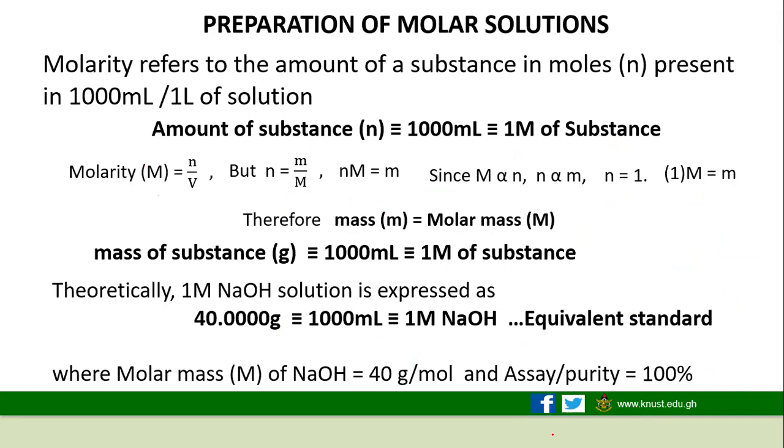Now, molarity has been explained again for us. Molarity refers to the amount of substance in moles present in 1 liter, or 1000 ml, or 1 dm cube of a solution. Generally, the amount of substance in 1000 mils will be 1 molar of a substance.